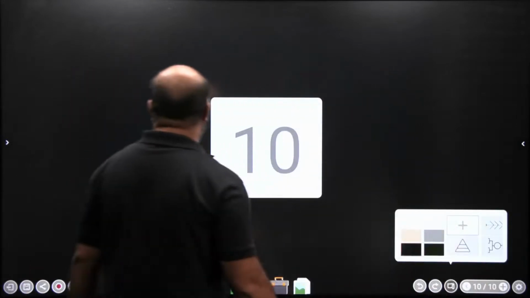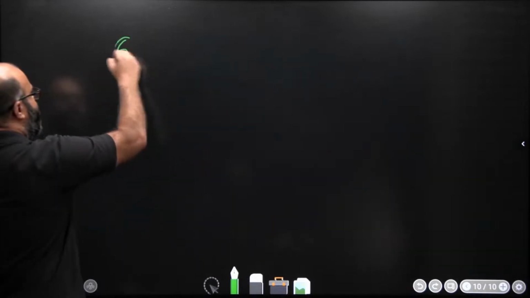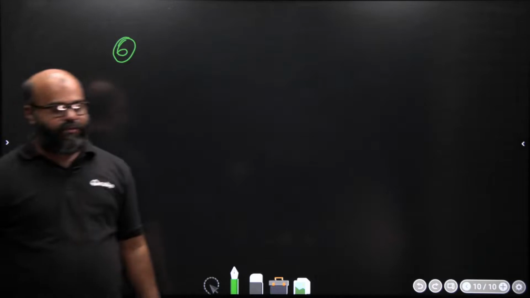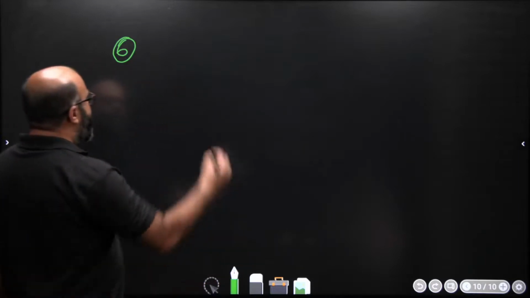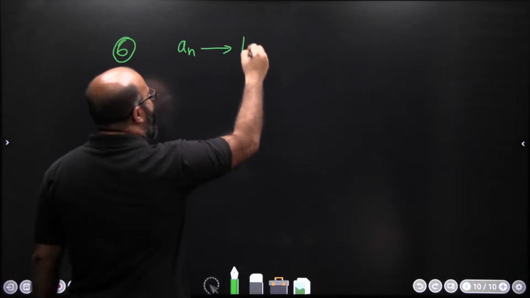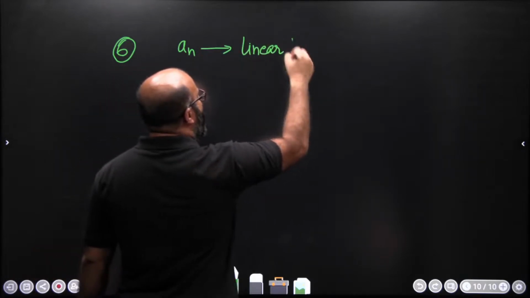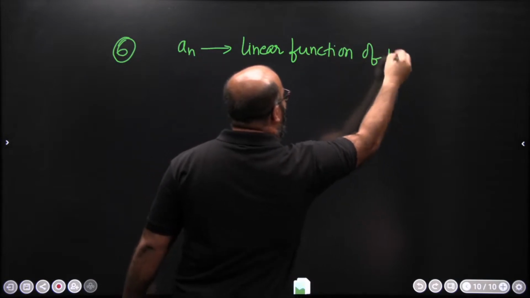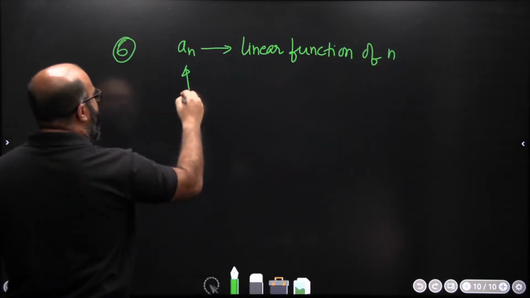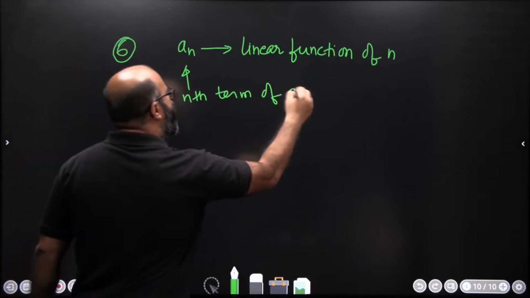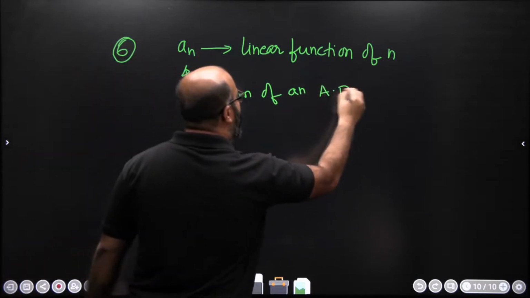Next property which we have is the sixth property, and the sixth property says that if we have the nth term of an AP, then that nth term of an AP is a linear function of n. What do you mean by a linear function of n?